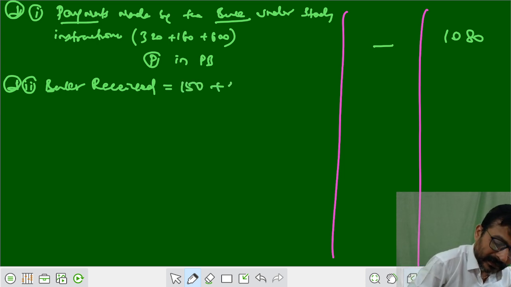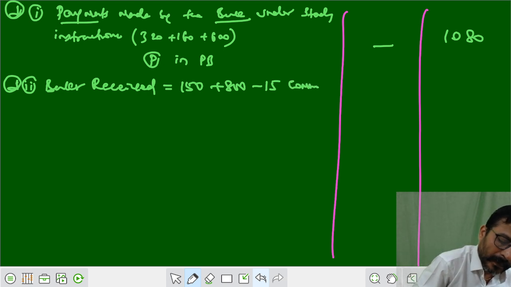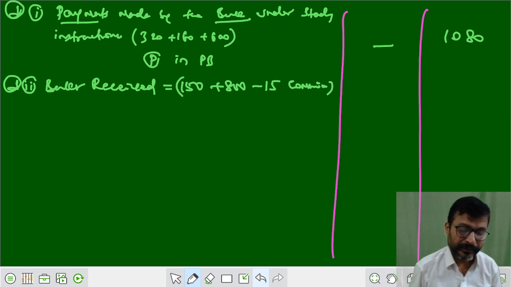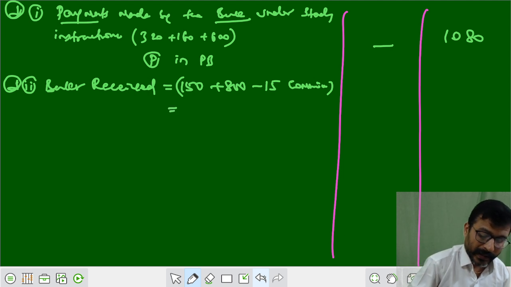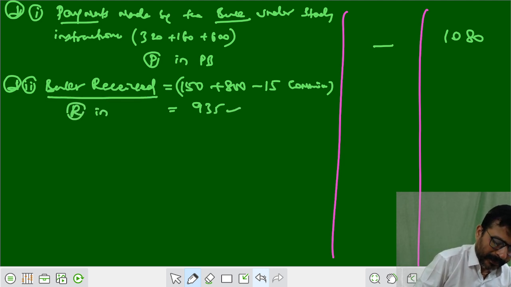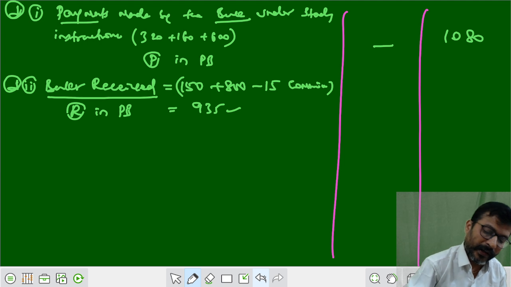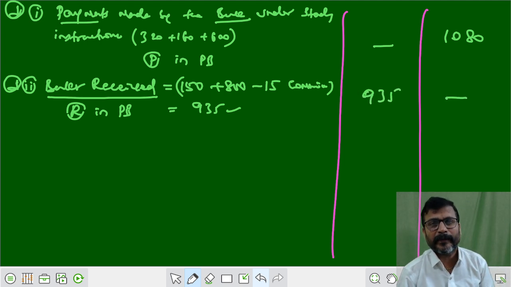Another is 800 minus 15 rupees commission. It comes how much? 950 minus 15, 935 rupees. Banker received means what? Receipt in passbook. Credit in passbook. So we have to take it on the debit side with an amount of rupees 935.